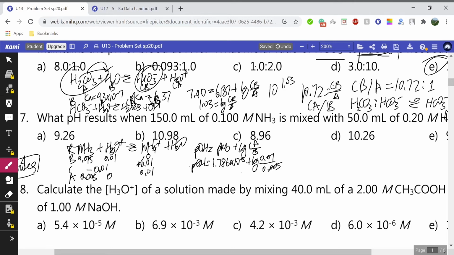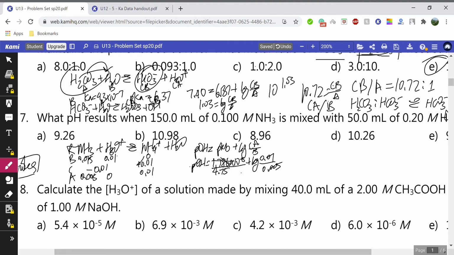Now, that number, the previous Kb we found, plus the log of 0.01 divided by 0.005 will give us a pOH. Oops, sorry, this is Kb, not pKb. So, my bad, negative log of that. The pKb is actually 4.75.